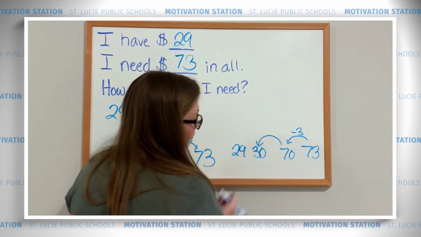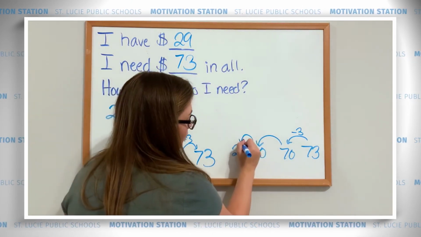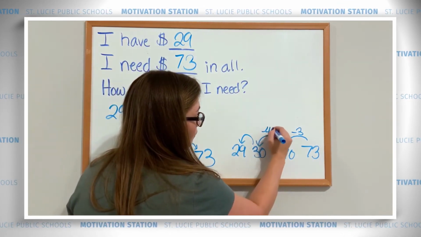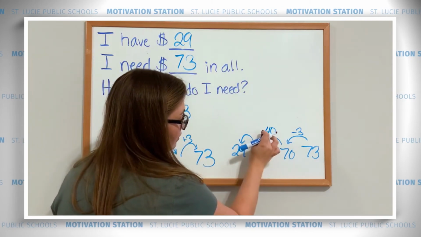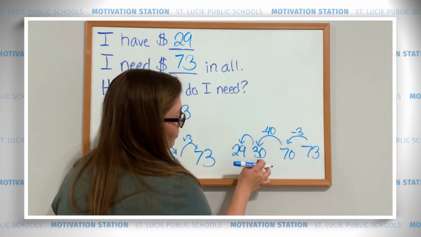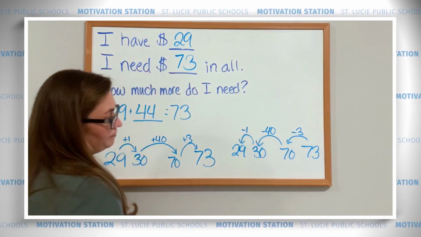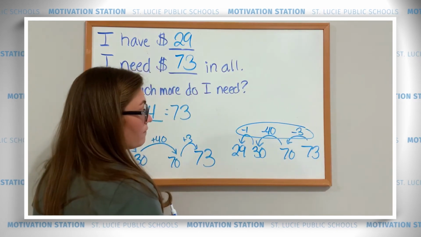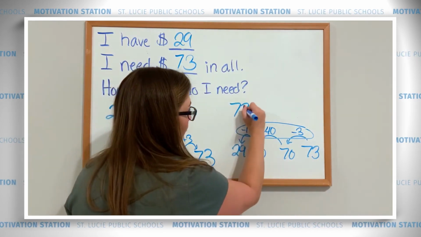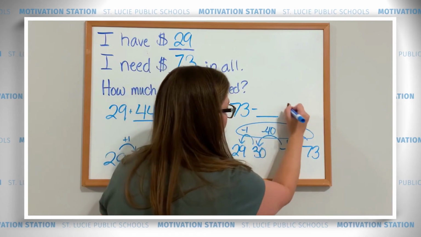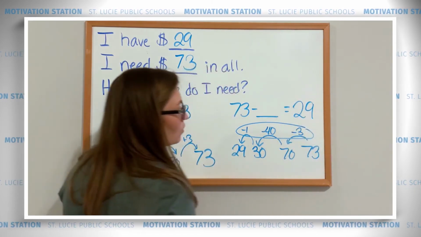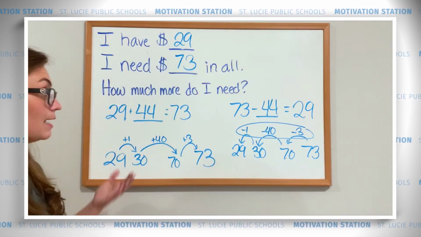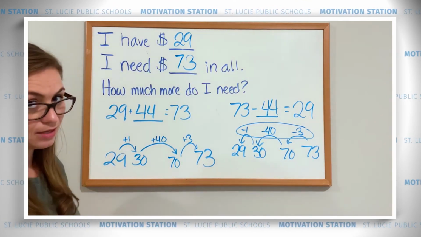So I would do a jump from 70 to 30 and then a jump from 30 to 29. 70 to 30 is minus 40. Then from 30 to 29, it's minus 1. Again, I add all these up and I get 44. This equation would have read 73 minus what equals 29? Well, it would be minus 44. Adding or subtracting, I still need $44.